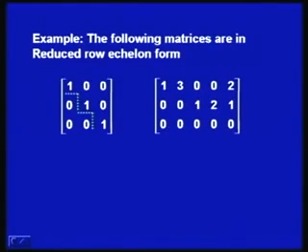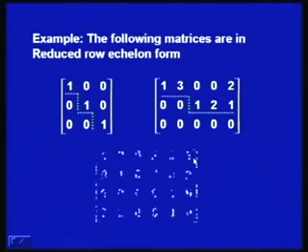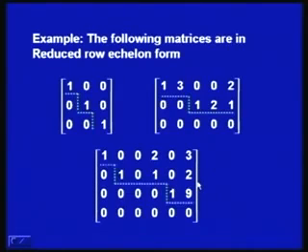This matrix is again in row reduced form, with all 0 rows here, leading ones, and all the properties satisfied. This matrix has all zeros at the bottom, and this again is a staircase pattern. So, this is again in reduced row echelon form.